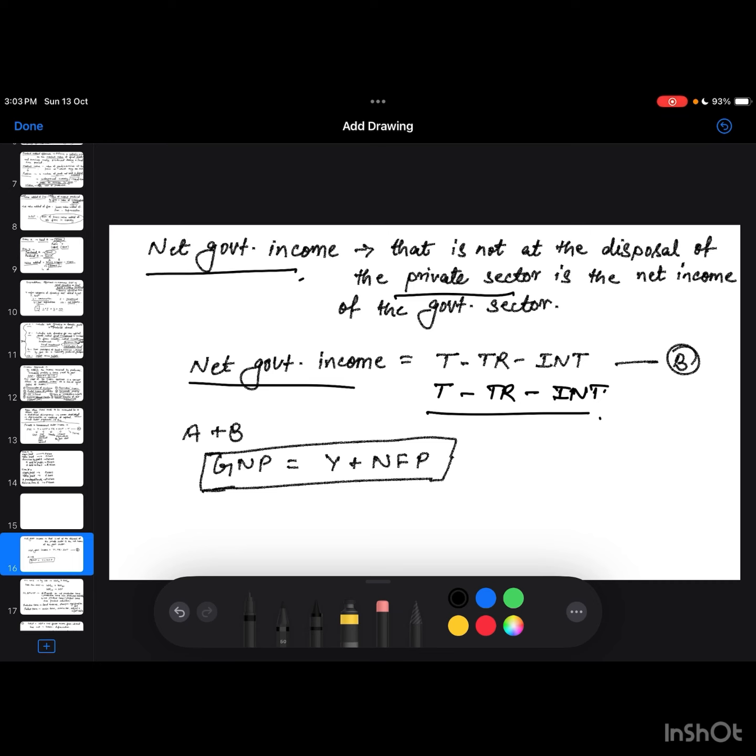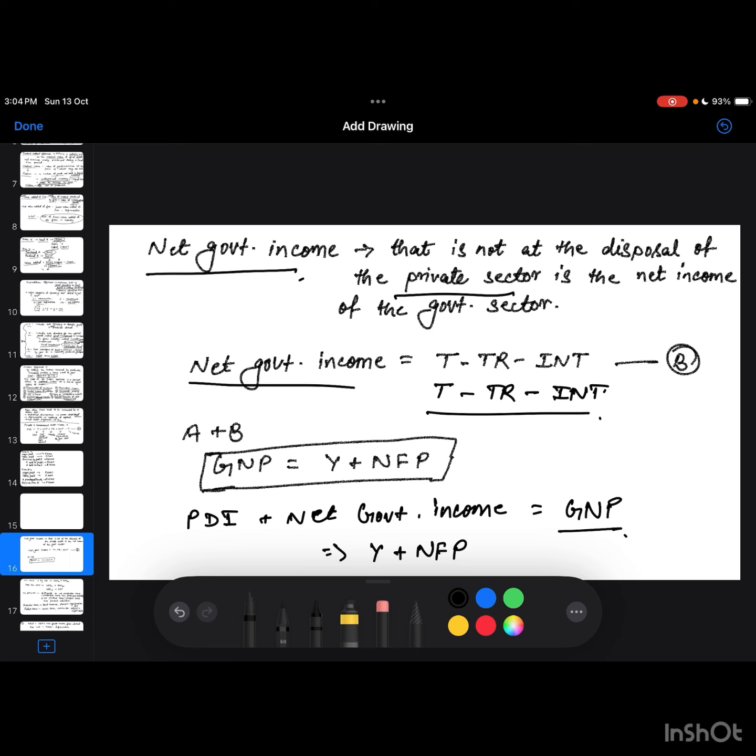So this will be equal to the net government income. Now if we add up private disposable income and net government income, it will be equal to the GNP, that is gross national product, and by adding both the equations we will get Y plus NFP.